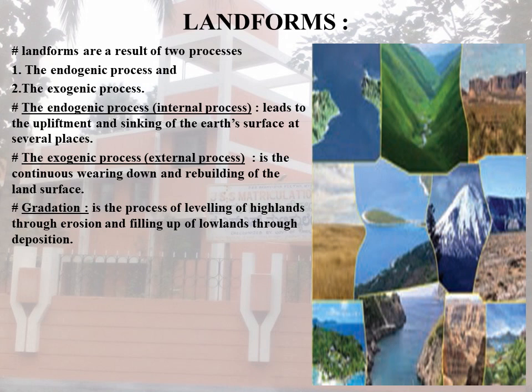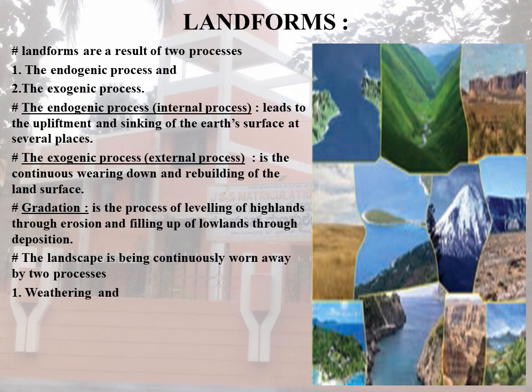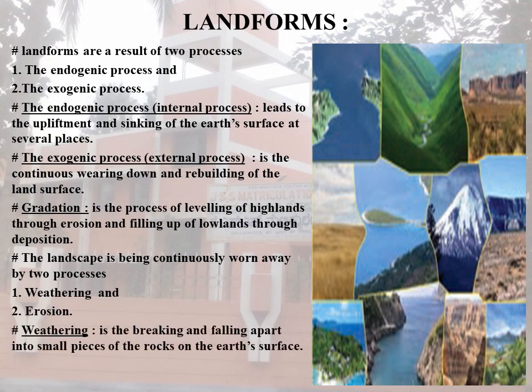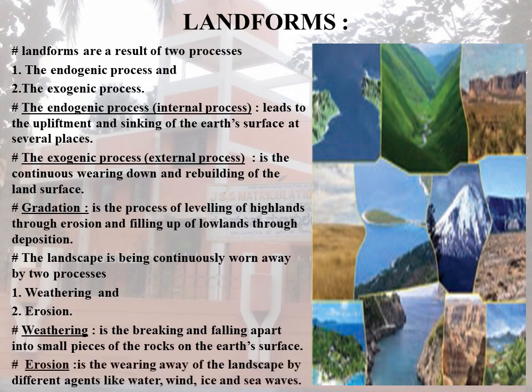Now we are going to learn about landforms. The landscape is continuously worn down by two processes. The first one is weathering and the next one is erosion. Weathering is the breaking and falling apart of rocks into small pieces on the earth's surface. What is the meaning of erosion?